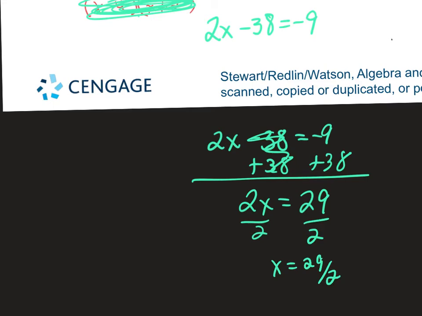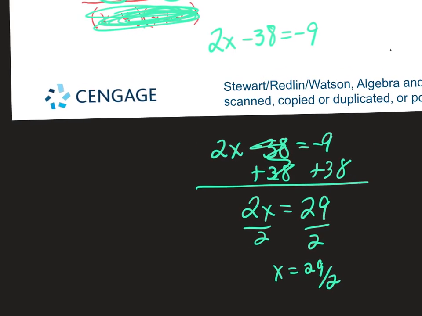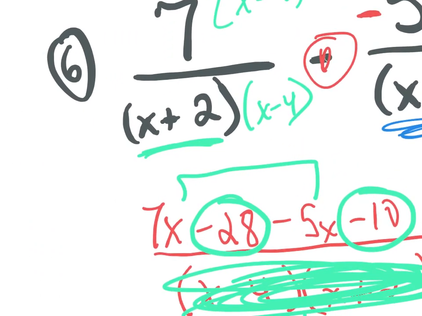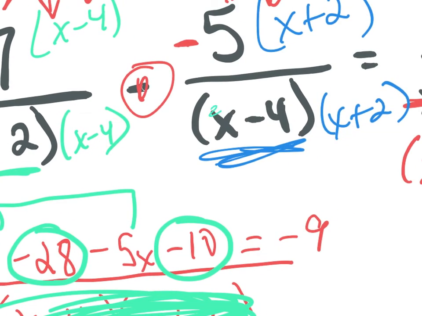Now, we have to check this answer before we say, oh yeah, for sure it works. If I plug in 29 over 2, just visually look at it, guys. If I put 29 over 2 here, and I add it to 2, am I going to get 0? No. If I plug 29 over 2 here, and I subtract 4 from it, am I going to get 0?